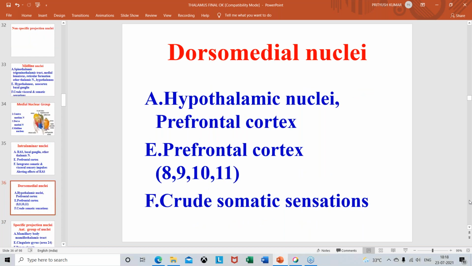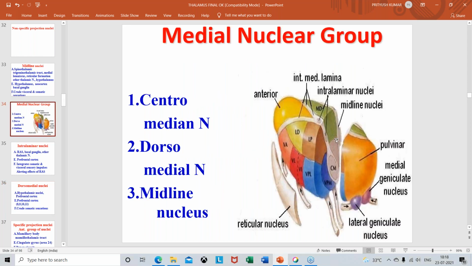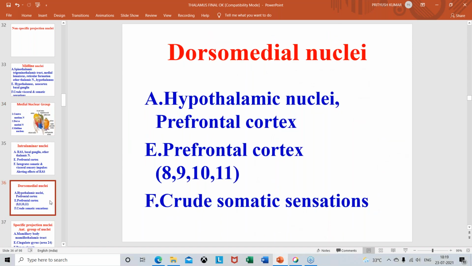Then next is the dorsomedial nucleus. You'll find it lies here. The dorsomedial nucleus afferents come from hypothalamic nuclei and prefrontal cortex, and it projects to the prefrontal cortex, areas 8, 9, 10, 11.